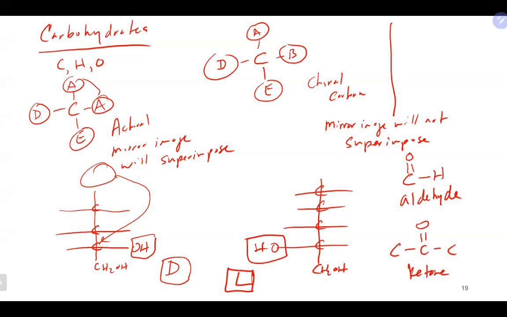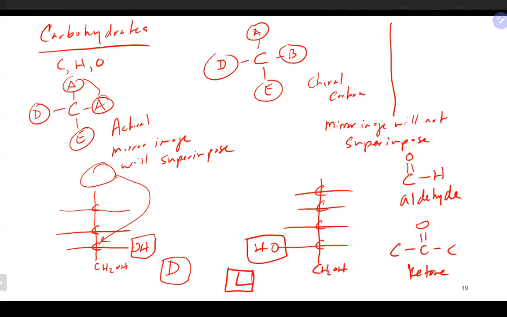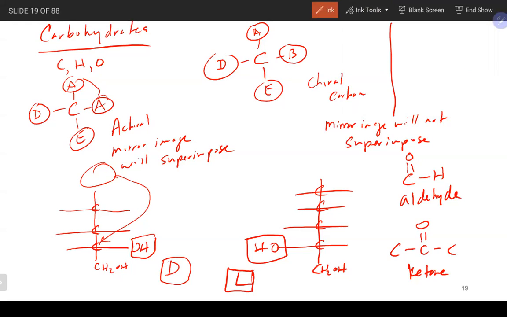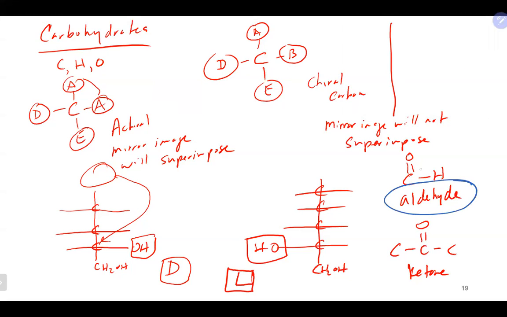In the carbohydrate arena, if it does have the aldehyde group, those are sometimes referred to as an aldose because it has the aldehyde group. If it has the ketone group here, those are referred to as a ketose because it has a ketone group on it.